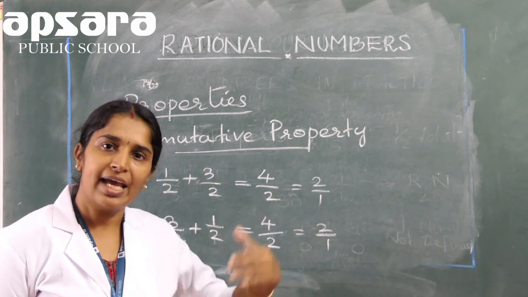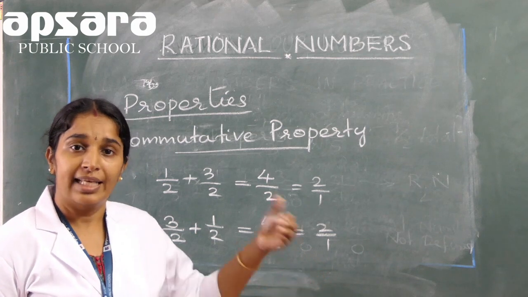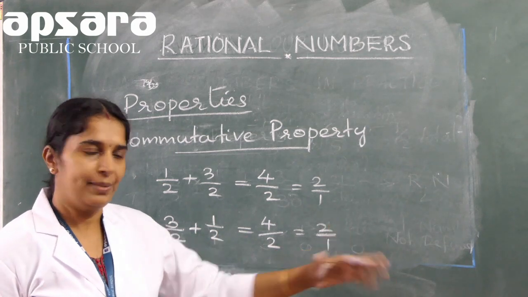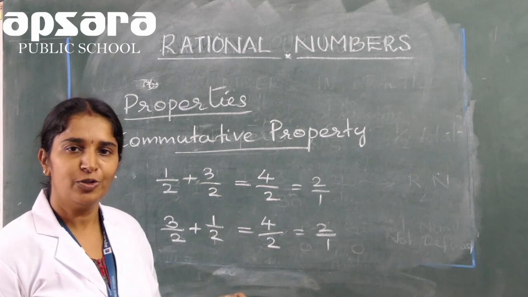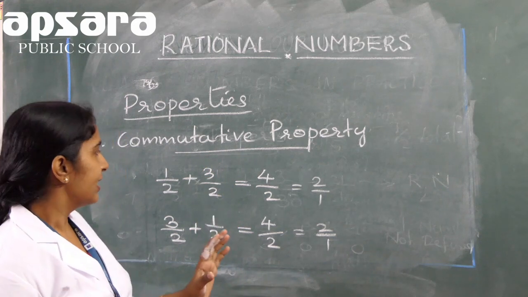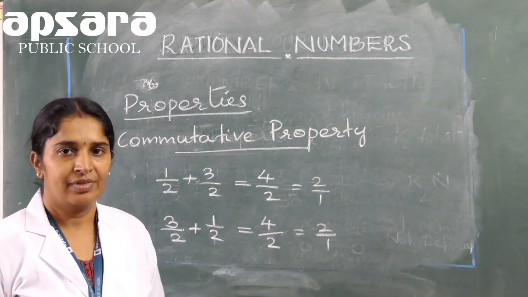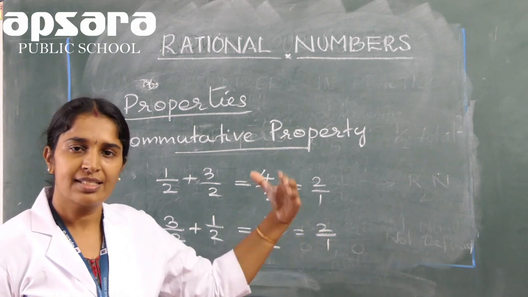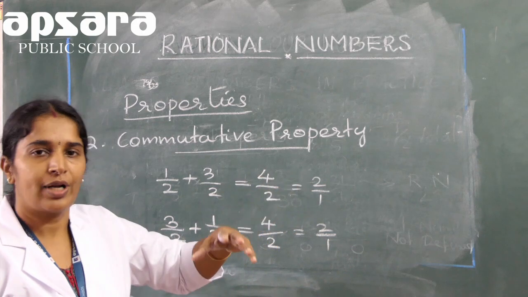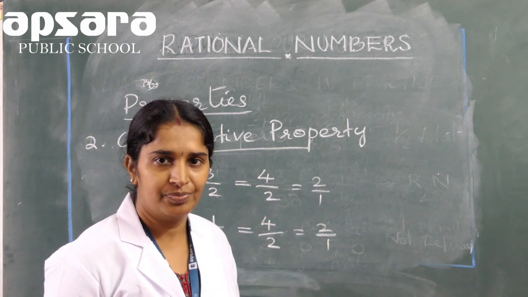That means if A and B are two rational numbers, then A plus B is equal to B plus A. So you will say that addition of rational numbers is commutative. You can add two rational numbers in any order.